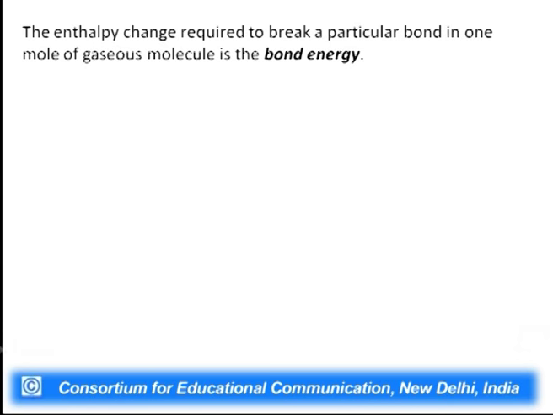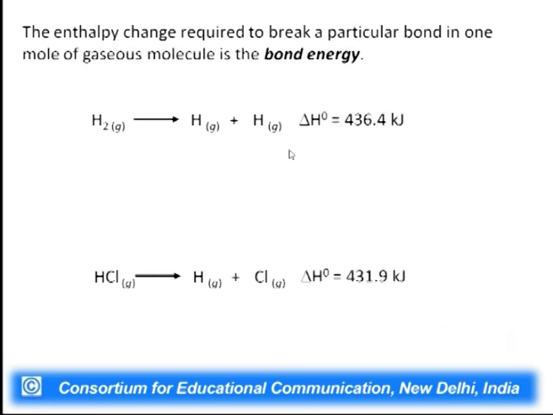The enthalpy change required to break a particular bond in 1 mole of gaseous molecules is the bond energy. So, for example, if you have a hydrogen molecule and you break that bond to make 2 atoms of hydrogen, the heat required is 436.4 kilojoules, and this is the bond energy of the H-H bond.